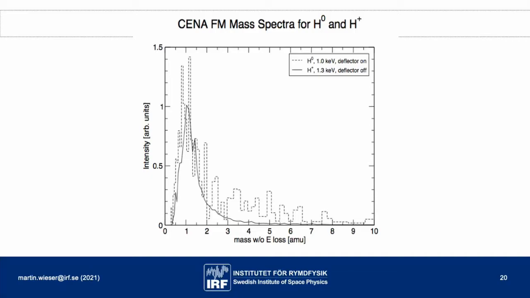So as a solid line, the ion data is shown, and as a dashed line, the data from the actual spectrum obtained from incident neutral hydrogen, and they match pretty well. So we are confident that the ion calibrations done before are representative for the response to energetic neutral atoms.